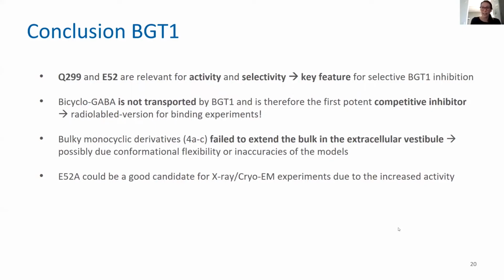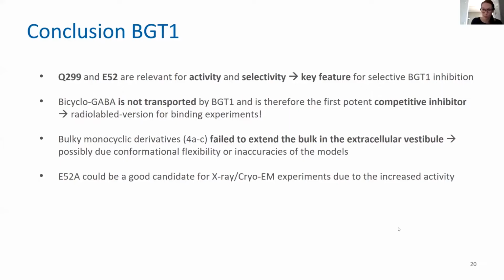And lastly, I already mentioned that we have this really fascinating increase in activity of our compounds for this glutamate to alanine mutant. And even though we cannot explain it, we really believe that this is a fantastic candidate for cryo-EM or X-ray studies, because by drastically increasing the activity of our compound, we think that it's probably easier to get a protein ligand complex.